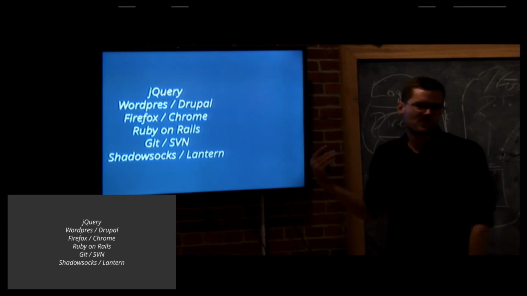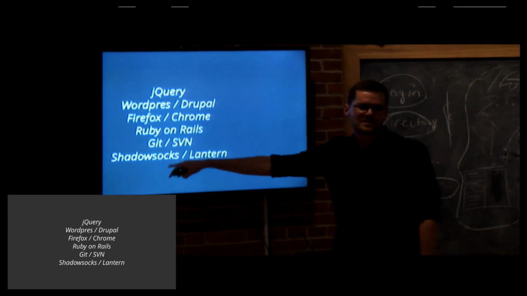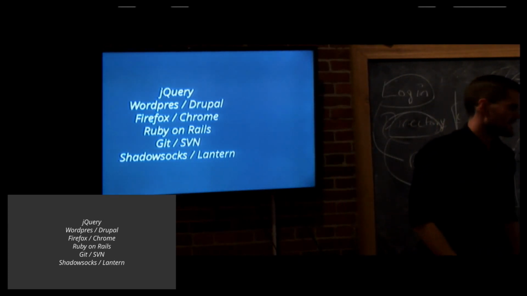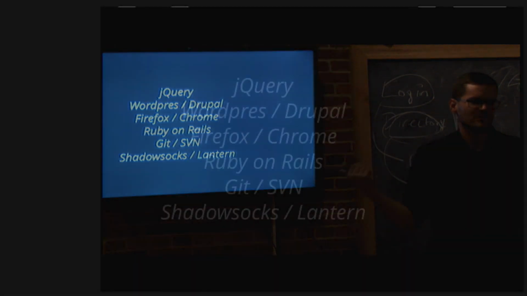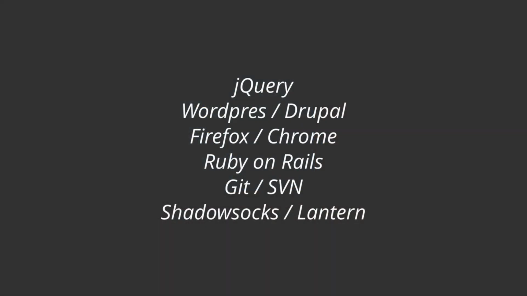And these are all open source projects. This Shadowsocks one just got shut down, and I think the guy maybe got arrested or in trouble for developing it. But if you go to the GitHub page, it's completely shut down because the Chinese government didn't want people to be able to circumvent the restrictions that the country had placed.